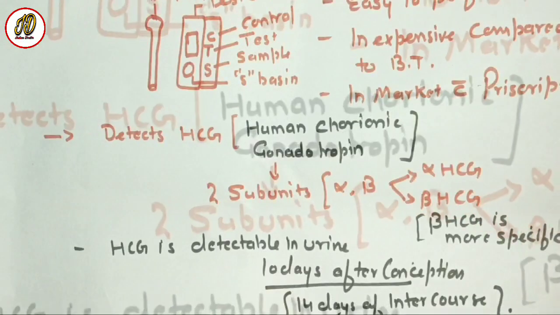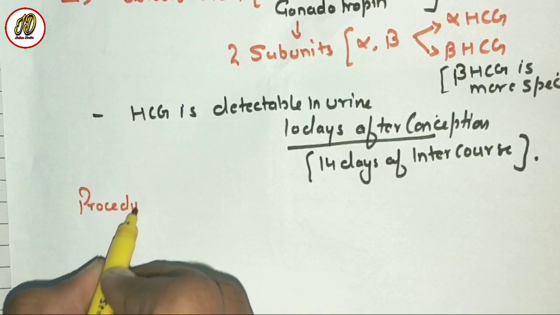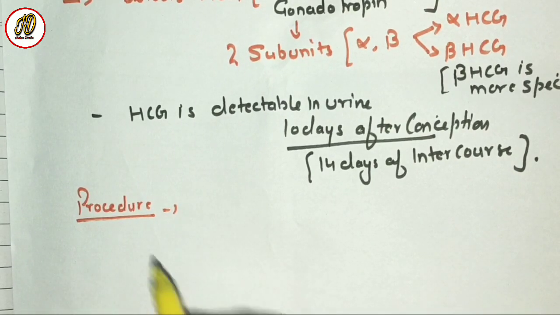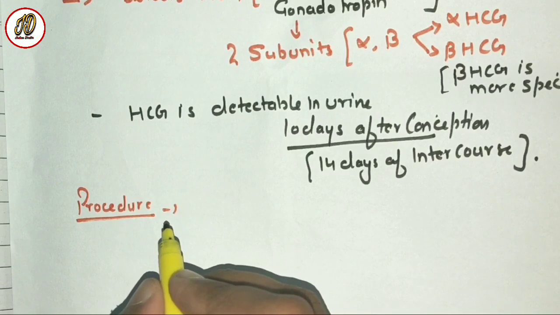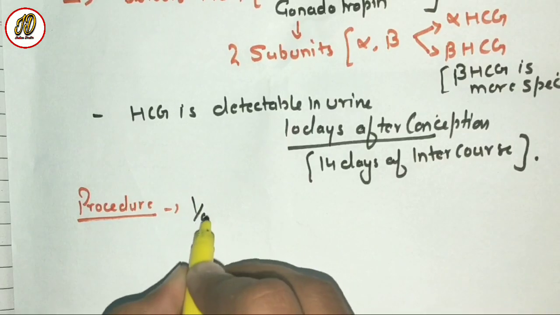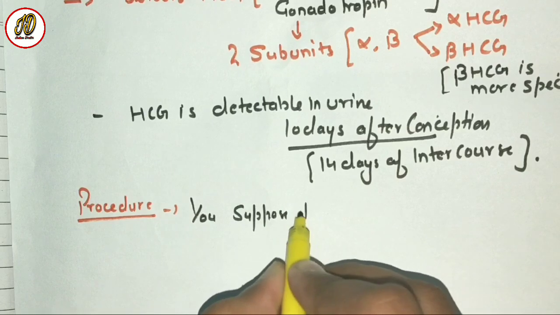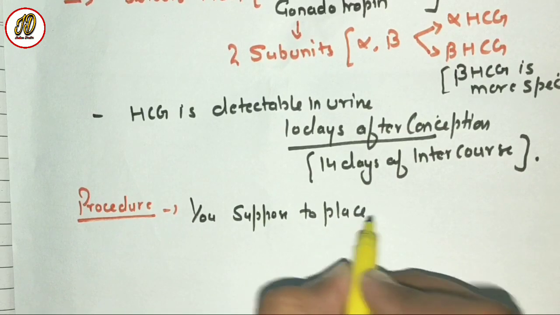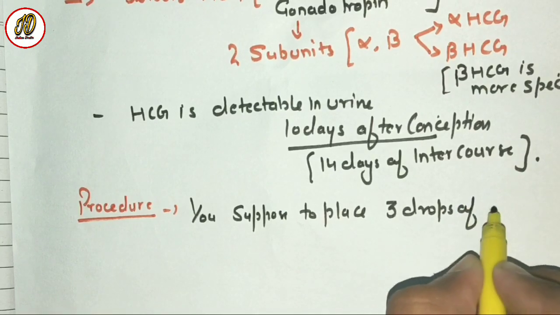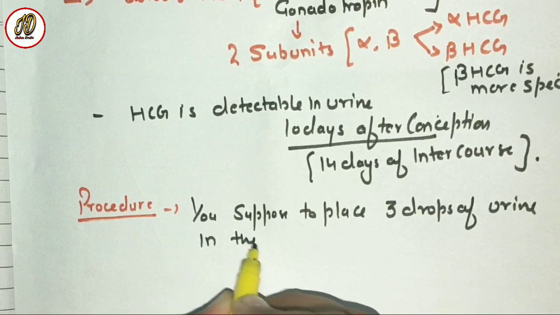Now let's talk about the procedure. You are supposed to place 3 drops of urine in the S basin.